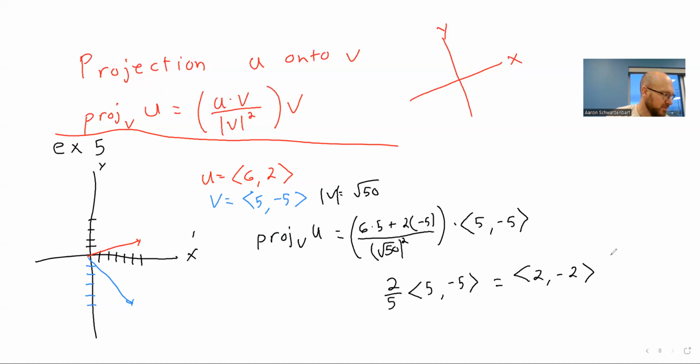Okay. So essentially, this blue one is the axis, and it's figuring out how far am I going along blue with my red one.